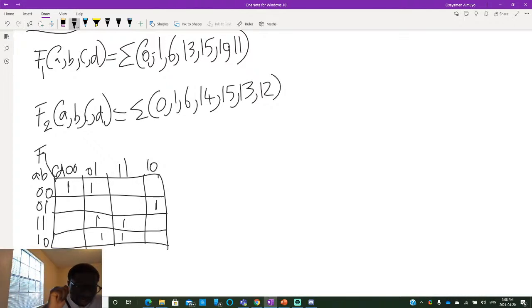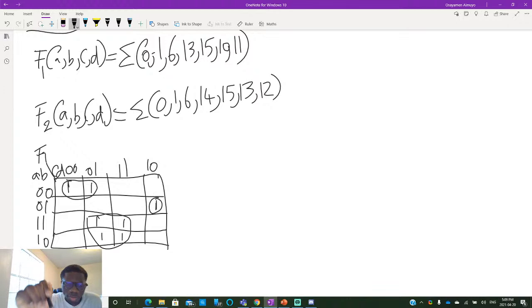So just the basic K-map simplification here, we can get this circle as well, and then this as well. And so we basically see that F1 is just AD plus A bar, B bar, C bar, plus A bar, B, C, D bar as well.